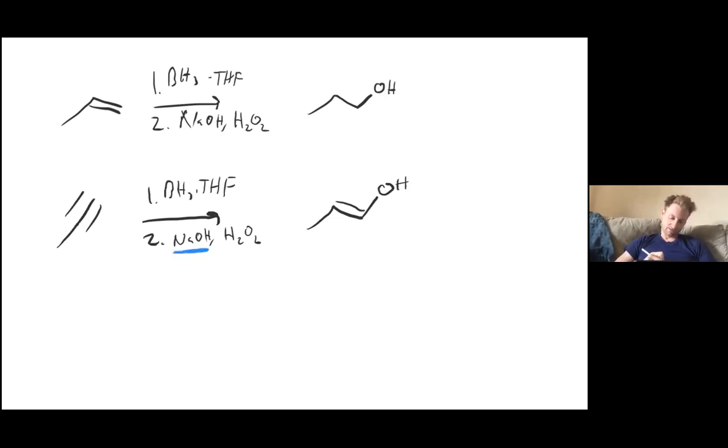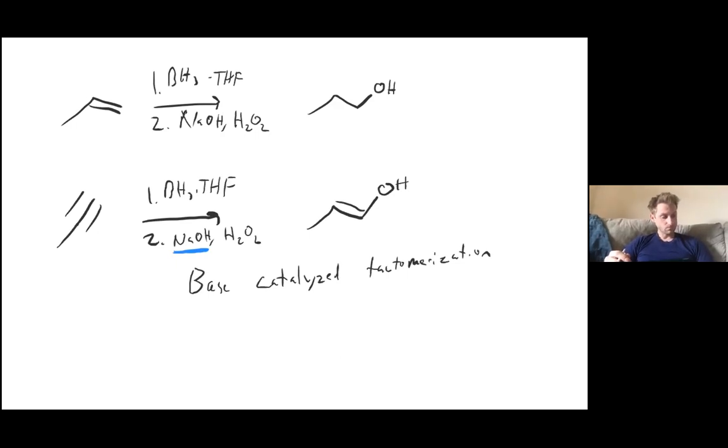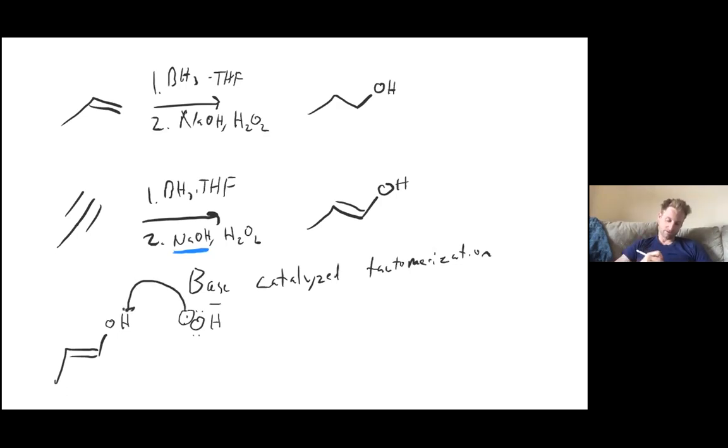So we are going to do a base catalyzed isomerization, which is going to consist of taking our enol again. We have a base, so this OH minus can pull off a proton.